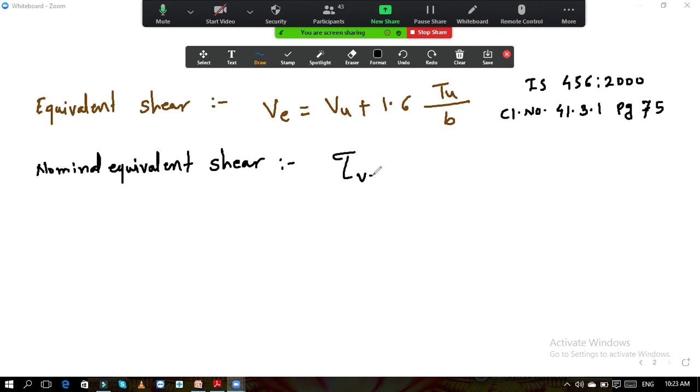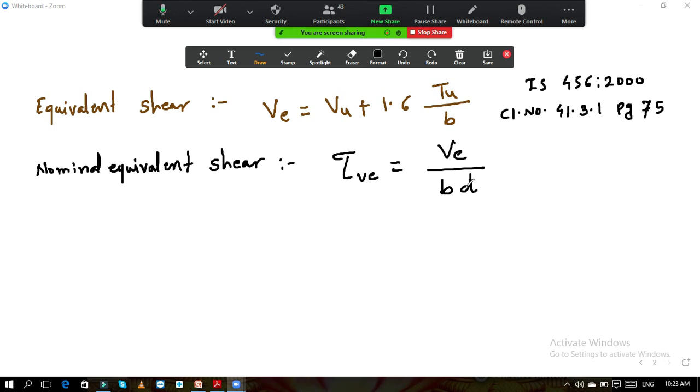Again the formula is the same: tau Ve is equal to Ve upon bd. This formula we have used many times. You know that tau v is equal to Vu upon bd. Instead of that, you just have to add the term equivalent. So the equivalent nominal shear, or nominal equivalent shear, is equal to the equivalent shear divided by the area.